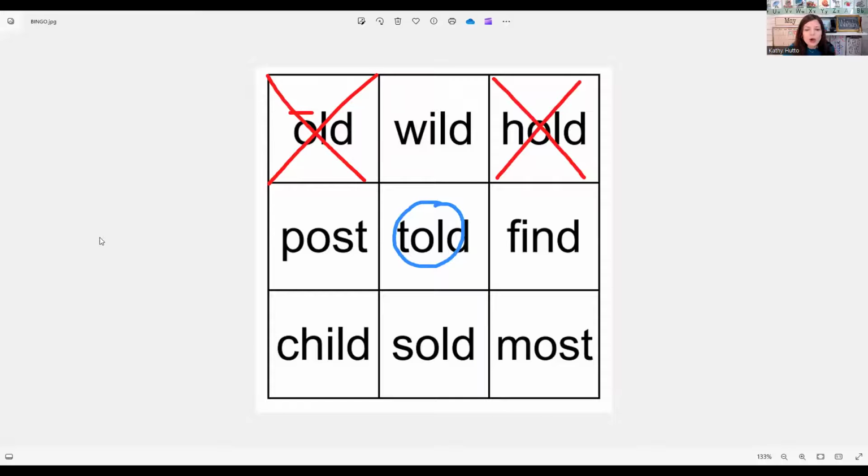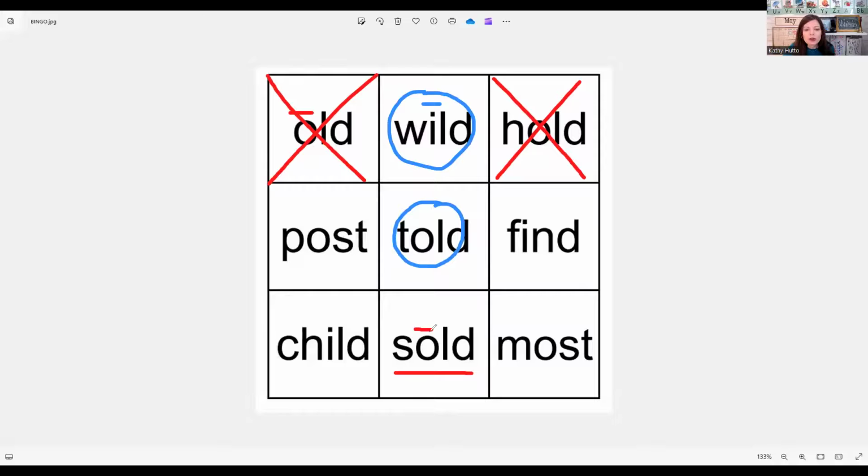All right, it's O's turn. Let's try, I think we should try this word. I-L-D. What's that word? Wild. Good. Okay, X. Think you better go right here.